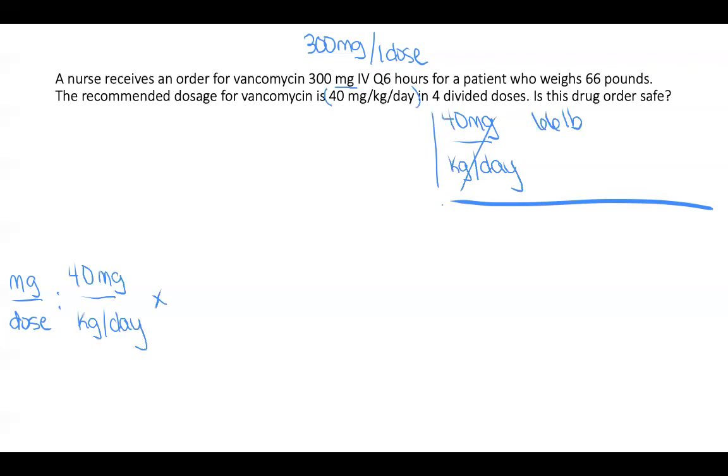When I look in my box, I don't have kilograms, I only have pounds. So 1 kilogram over 2.2 pounds is what I'm going to need to plug in next so that I can convert the pounds to kilograms. Okay, the problem says I have pounds on the bottom. I need pounds on the top. So I'm going to grab that 66 pounds.